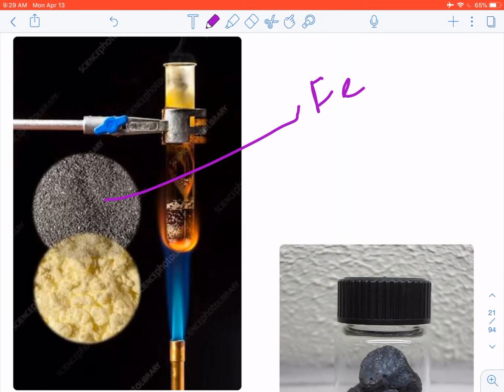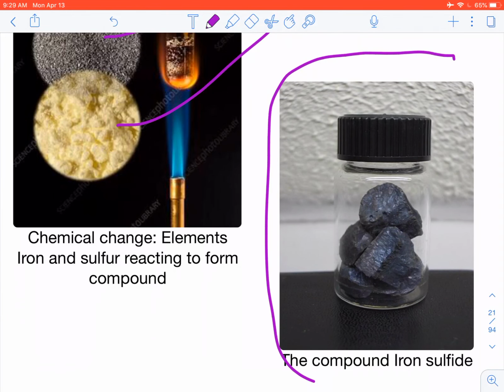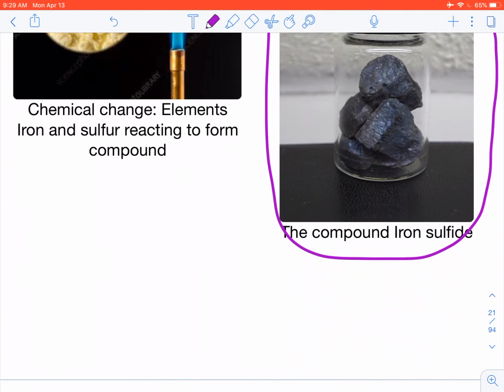Earlier I showed you when the two are mixed, but here in this case the sample is heated, and when the sample is heated you get a completely new substance, and that is iron sulphide. That means you're getting Fe plus S gives you FeS. Right, that gives you iron sulphide.